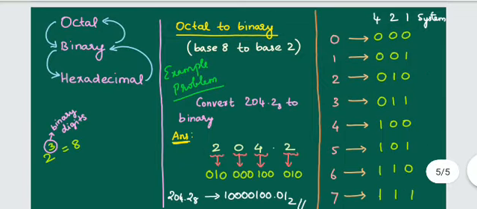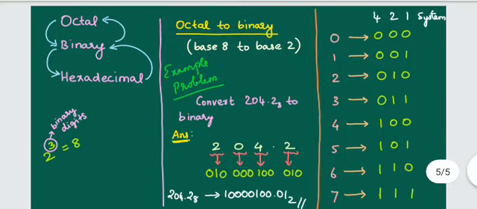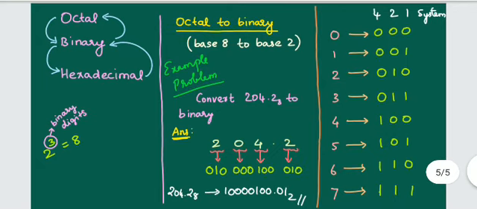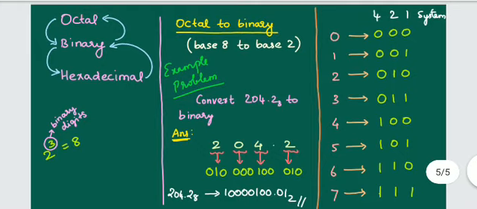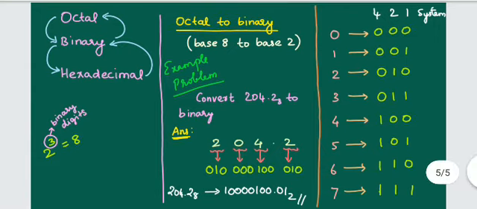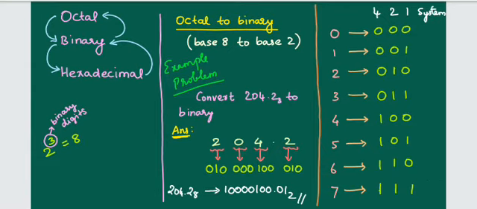So now what we are going to discuss is, among the three number systems, like octal to binary, binary to hexadecimal, or hexadecimal to binary and binary to octal, how we can perform the conversions. We are going to discuss that one by one. First one, octal to binary.